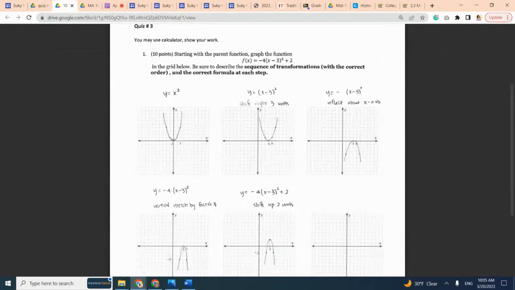Okay, and then keep going. Last one, plus 2, so shift up 2 units. Oh, sorry, by the way, stretch by a factor of 4. You look at those key points. This point was 4, 1. Stretch by a factor of 4 means your x remains the same, but your y value is multiplied by 4. So the -1 multiplied by 4 becomes -4.